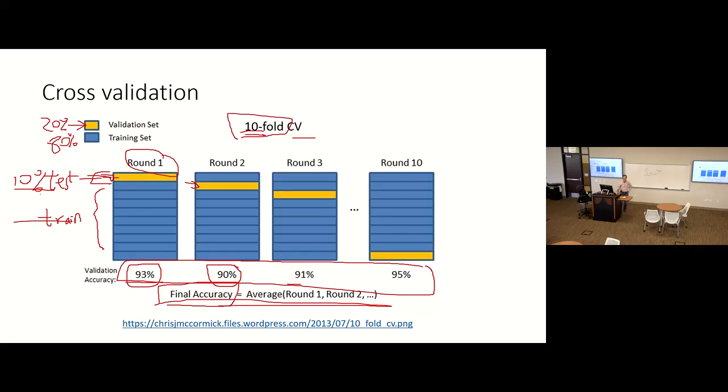A robust classifier should have a very good average accuracy in this cross validation. You cannot say, okay, I trained my data using this setup, 20% yellow and 80% blue, and in this case I get 99% accuracy, and I just report this.